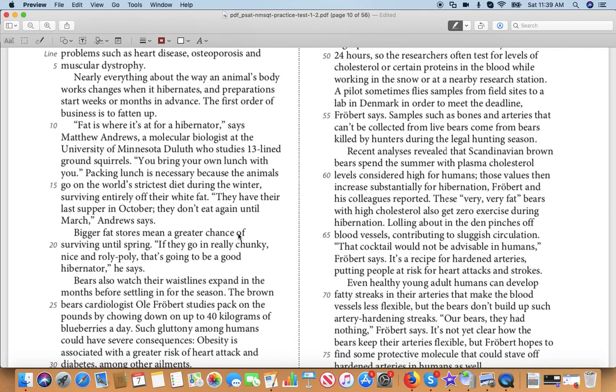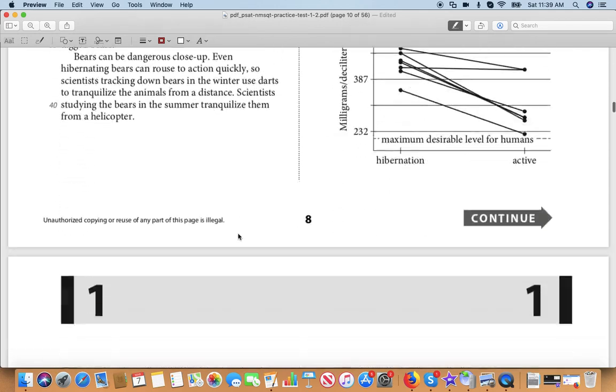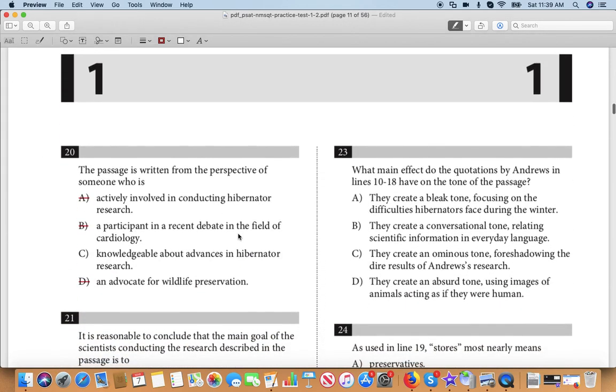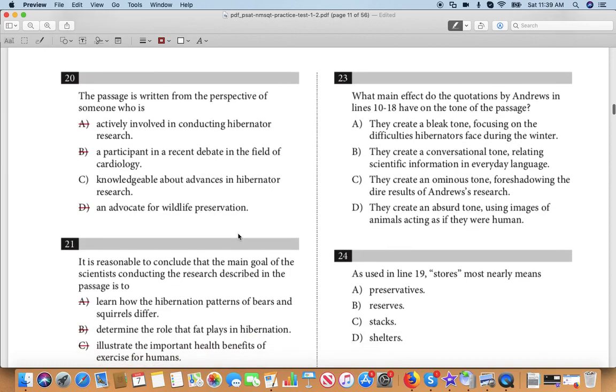They have their last supper in October and don't eat again until March. That's tough. But does it create a bleak tone? No. And you only need to test one part. If the first half is wrong, you don't even have to worry about the second half. Does that make sense?